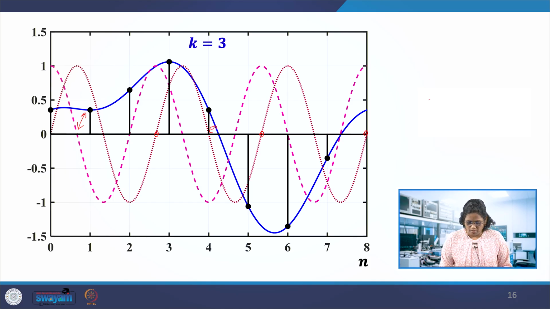So within n points, when k equal to 1, it completes one full cycle, if k equal to 2, that completes 2 cycles, and k equal to 3 would complete 3 cycles.